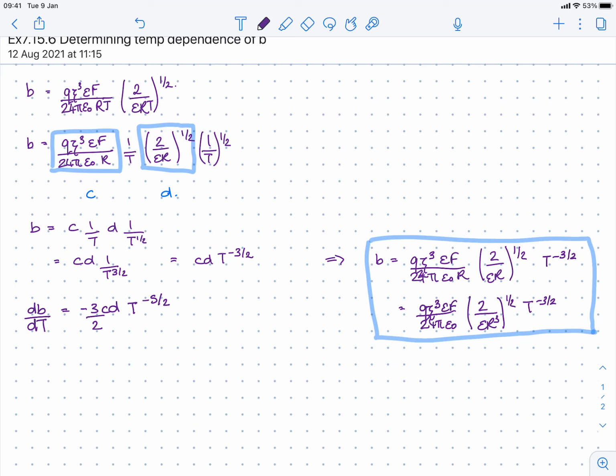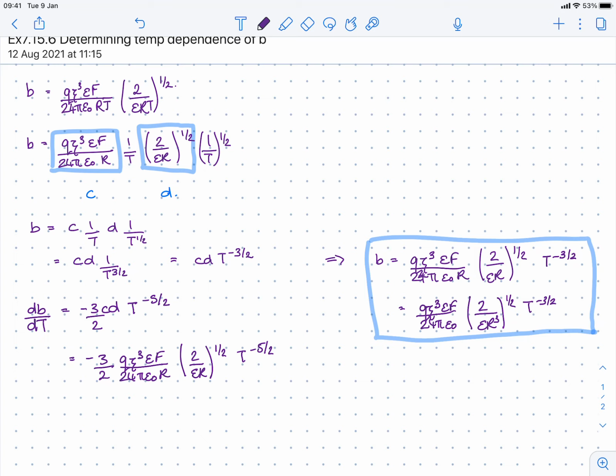So again, if I just want to tidy this up and actually write out my constants, I'm going to be able to do a little bit of cancelling with the numbers that I have in here. T to the minus 5/2.